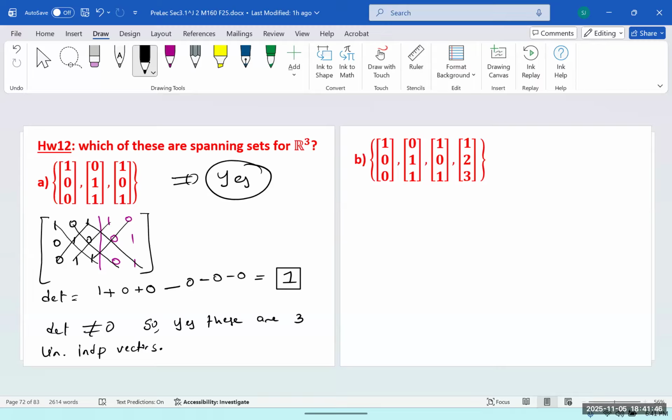Well, at least 1, but that doesn't tell us whether they span the entire space. In order to span R3, you need 3 independent vectors. So we need at least 1, so we need 2 more. How can we find out whether we have 3 independent vectors or not?